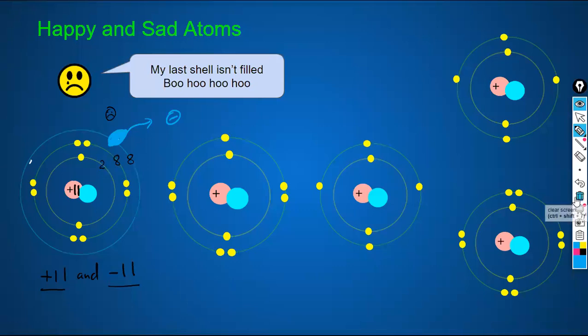And that is what a reaction is all about. Whenever an atom is unhappy, it's going to try to achieve happiness by either gaining electrons or losing electrons. And it's because of this gaining or losing electrons that you get a reaction.